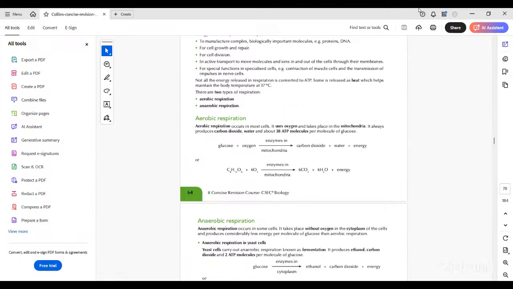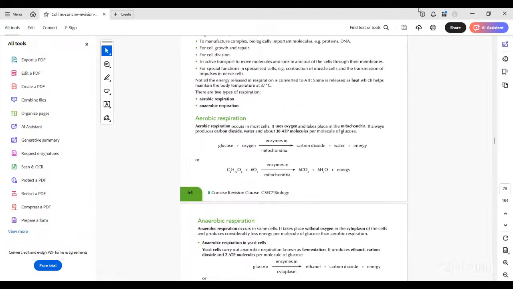So the formula for aerobic respiration is glucose plus oxygen, with enzymes in mitochondria. Why enzymes in mitochondria? Because you know what enzymes are, by the way? Let's start there. What are enzymes? Biological catalysts that speed up the rate of a reaction without itself being consumed or destroyed.